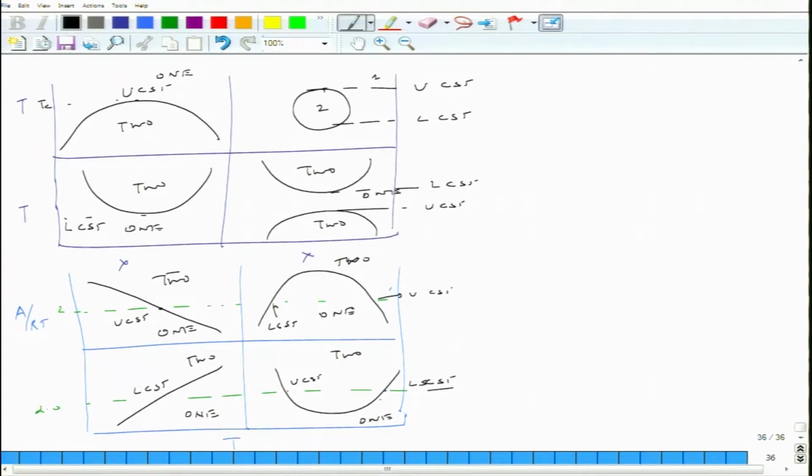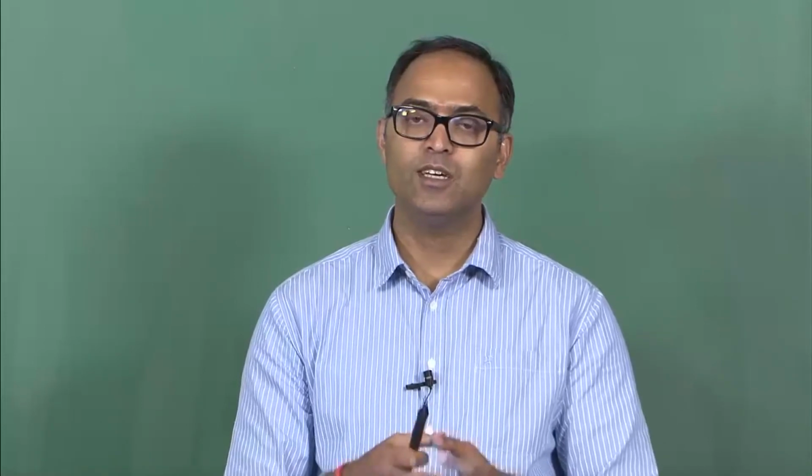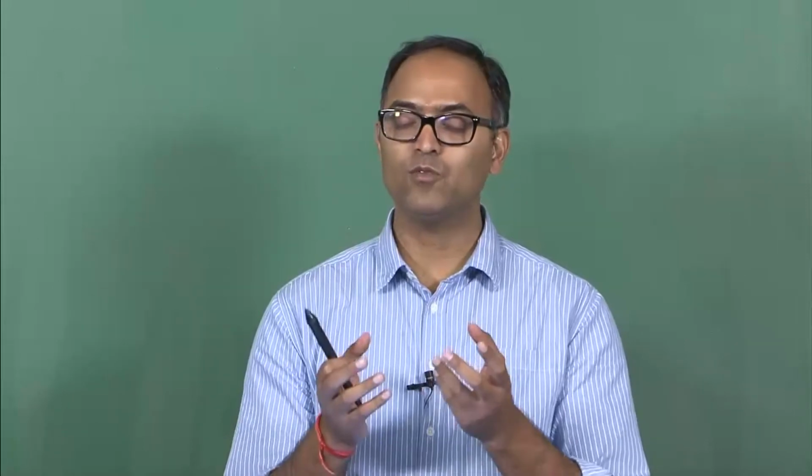So, it is not always that LCST has to be lower than the UCST, because the way it is done is basically the way of the curvatures. But anyway, the point was basically that the nature of A with respect to temperature governs the way the phase diagrams are. And for a very simple system, this tells you about such a complicated phase diagram, all right.